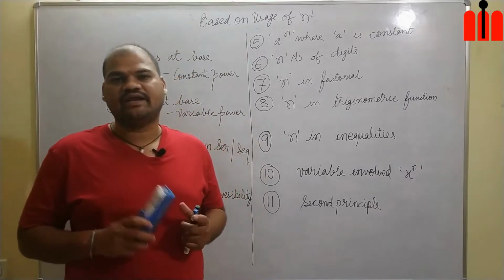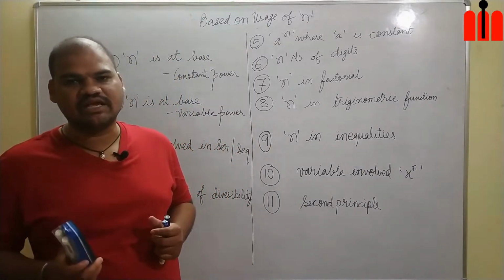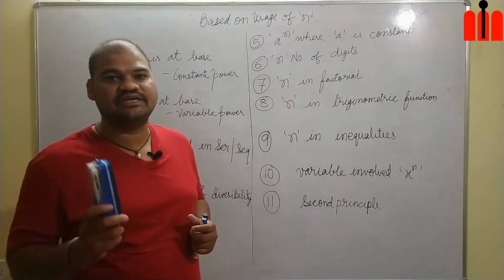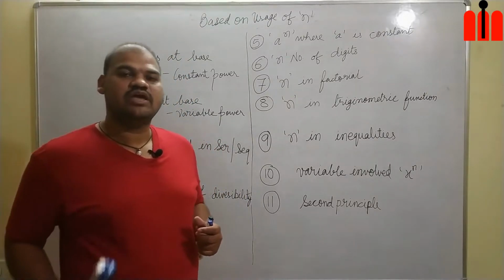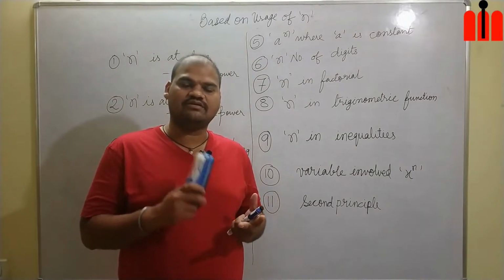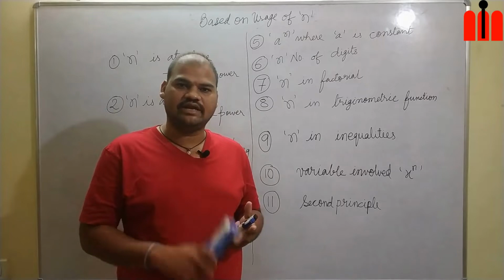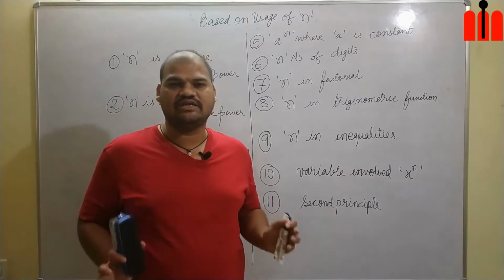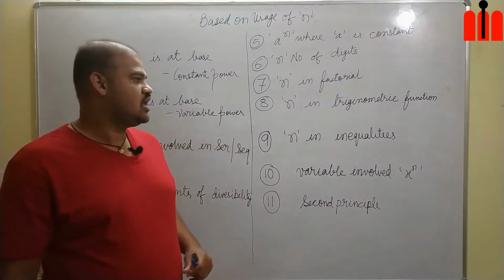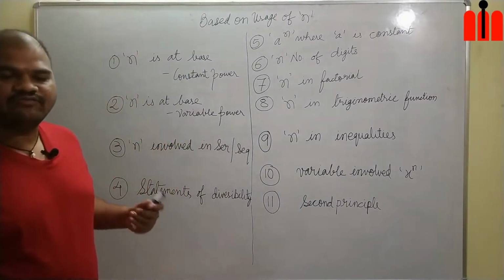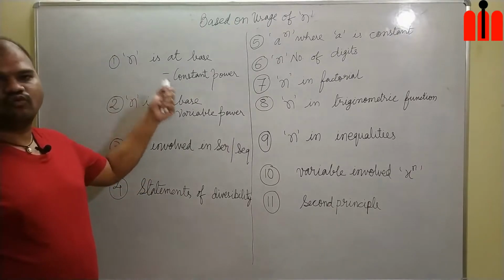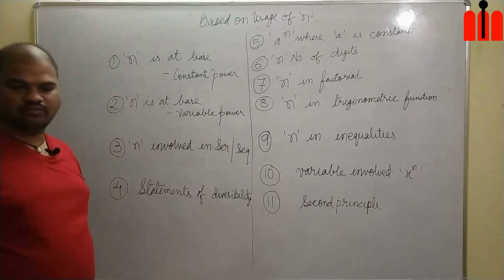Today we are at Detailed Explanation Class 3 for Mathematical Induction. Before this, we had completed the Introduction of Mathematical Induction, Detailed Explanation 1 and Detailed Explanation 2. In Detailed Explanation 1, we discussed the first four categories of problems.